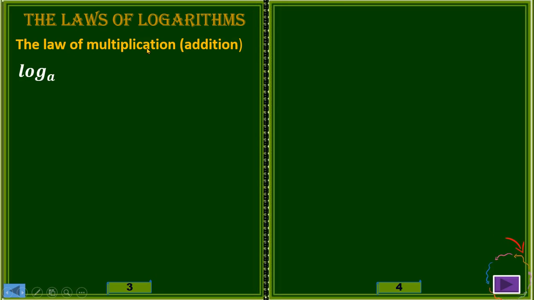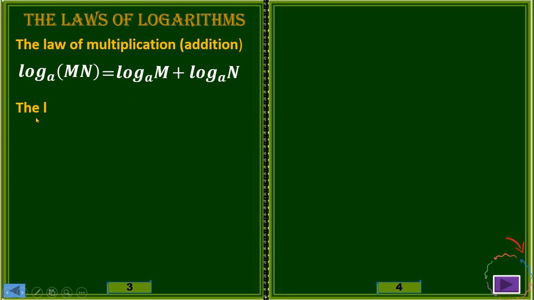You can also call it the law of addition, which says that log m times n base a can be expanded as log m base a plus log n base a. On the left side, we have multiplication. On the right side, we have addition. And that's why we say this is the law of multiplication or addition.